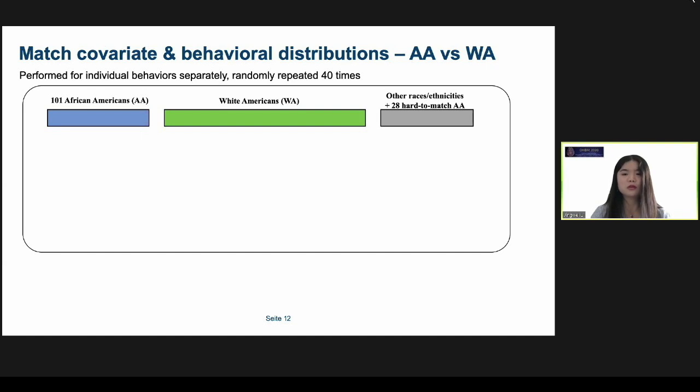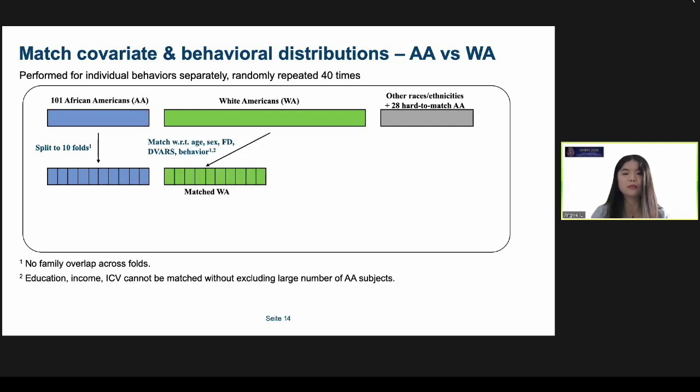First, we need to make sure that the African American and white American samples are comparable, so we need to match their distributions of covariate and behavioral variables as much as we can. The following process was repeated for each behavior multiple times to find at least 40 random ways to split the subjects into matched folds. First, we split the African Americans randomly into 10 folds, and the subjects in the same family did not appear in different folds.